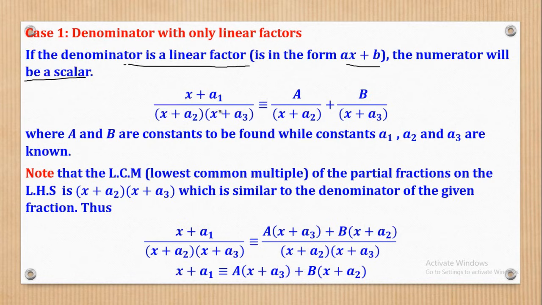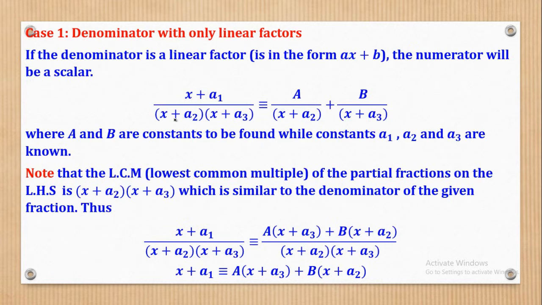I think you see here that this denominator is linear, meaning that the numerator has to be a scalar. A scalar means a constant. For example, it can be 2, 3, 4, negative 1, negative a half, any. Whether an integer, a whole number or a fraction, as long as it doesn't have the variable x, we call it a scalar.